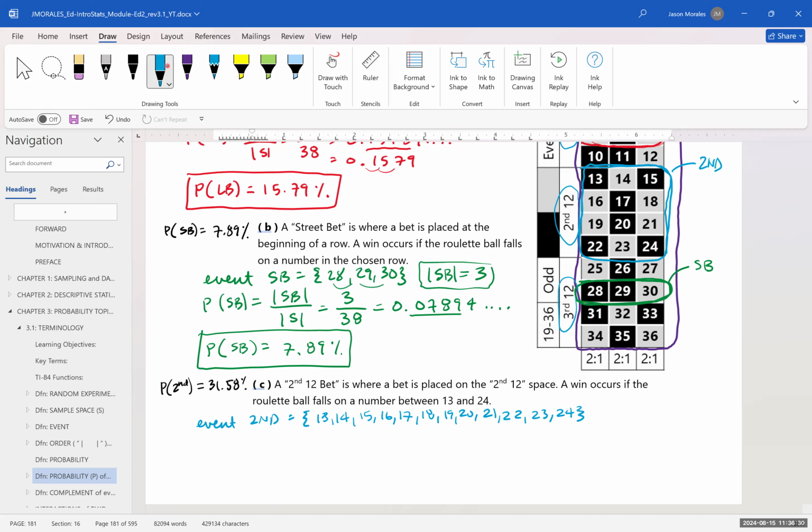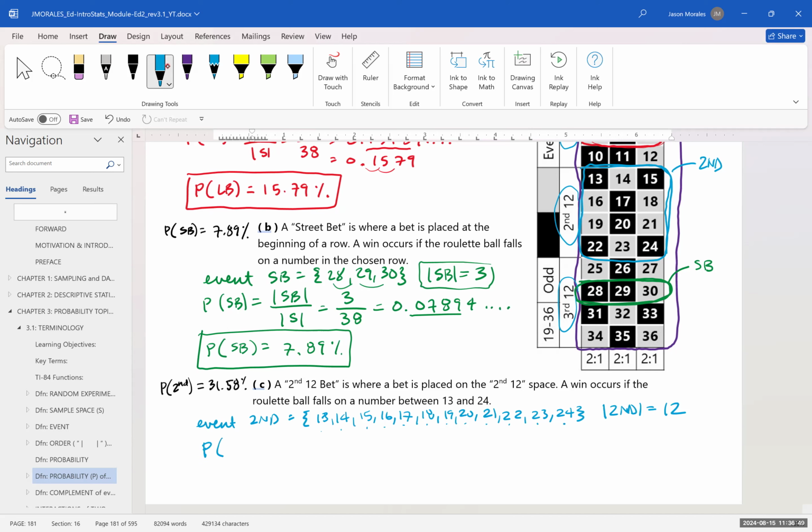And so the order of that event, we just count how many we've got. We've got 1, 2, 3, 4, 5, 6, 7, 8, 9, 10, 11, 12. So the order of event second is 12.